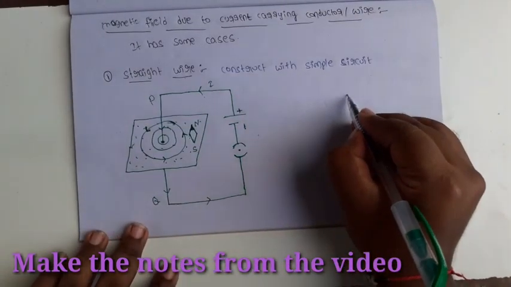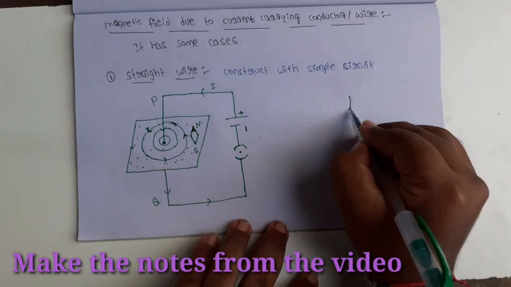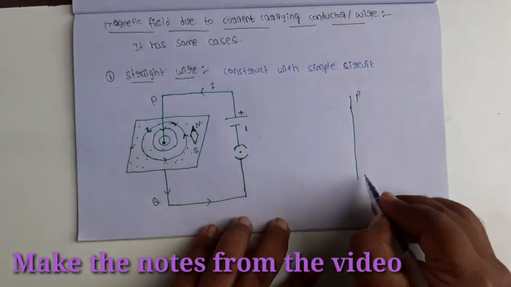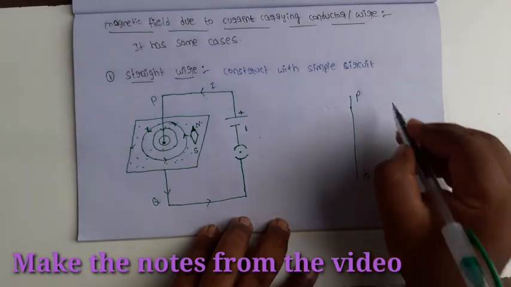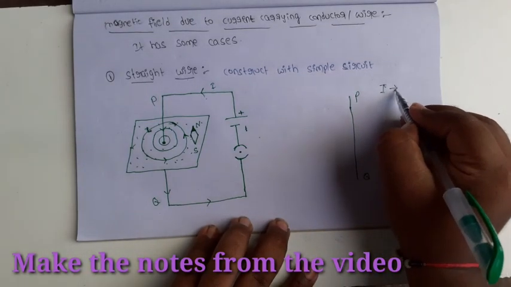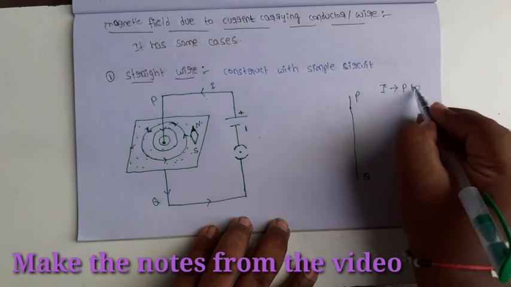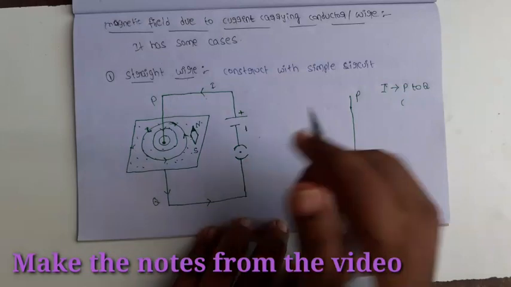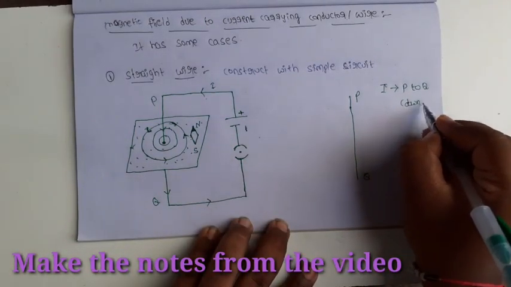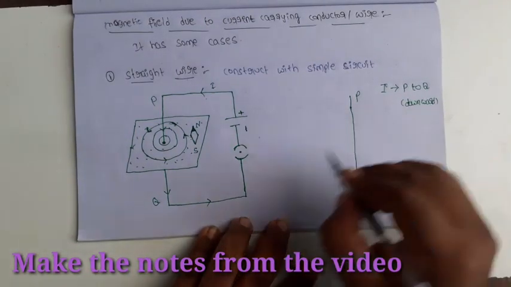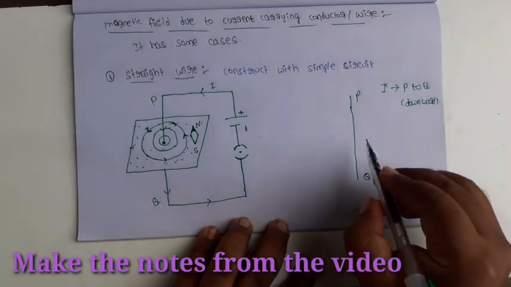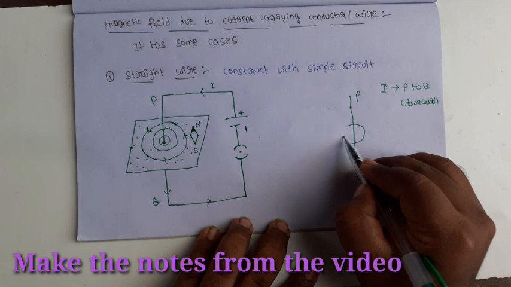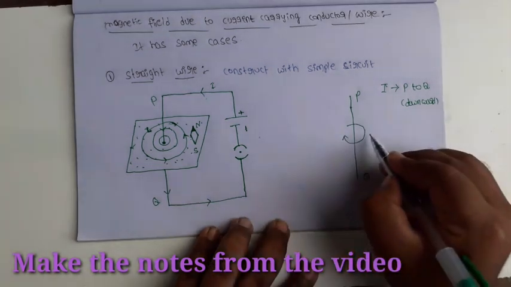I will show another image. This is our conductor PQ. What about the current direction? P to Q means the current is moving downward. What about the magnetic field direction? Clockwise direction. So this is the direction of the magnetic field.